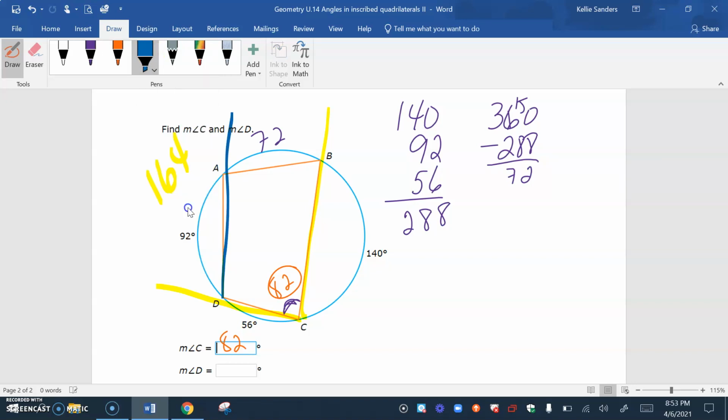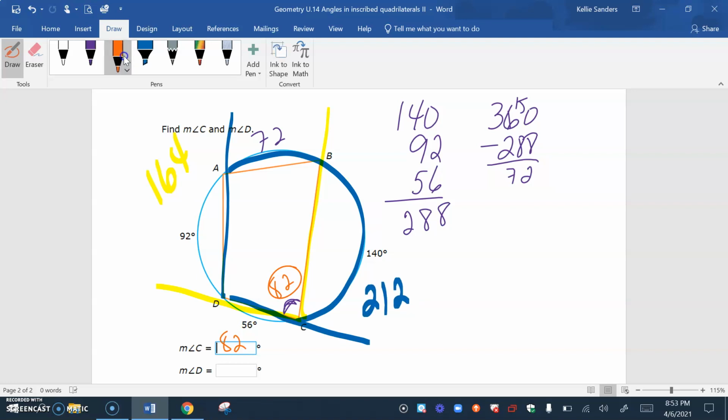Angle D is this arc right here. 72 plus 140 is 212. Divide that by 2 and get 106. 106.